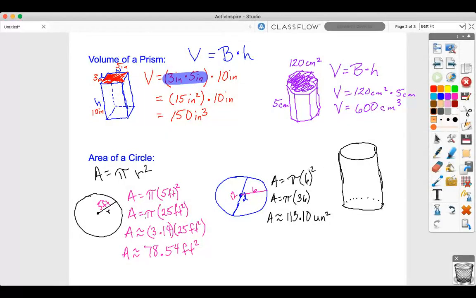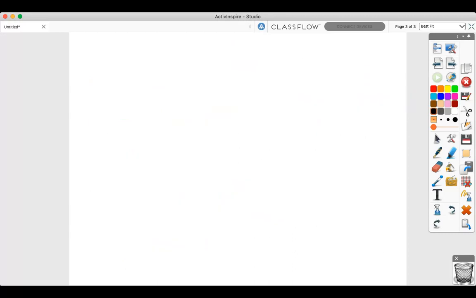Okay, so sometimes you're going to be given the radius. Sometimes you're going to be given the diameter. And you have to be able to calculate the area from there. Now, that goes right into what we're going to be doing with the cylinder here. Remember, volume of a cylinder is just a circular prism.